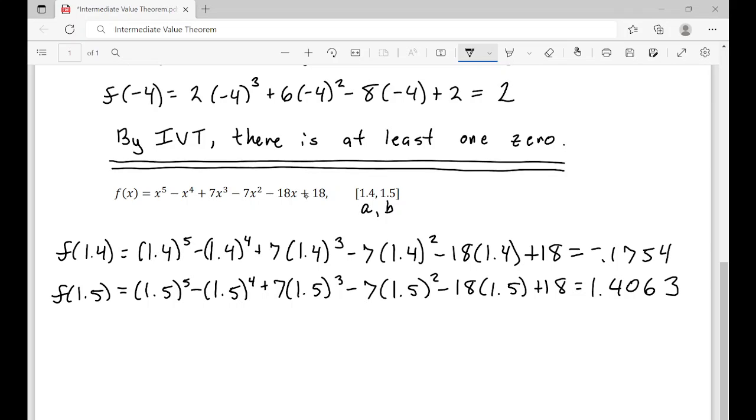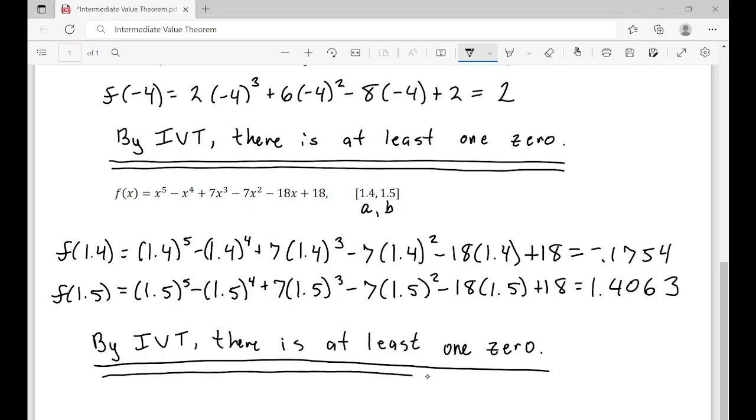So again, it's continuous on some interval. One is negative, one is positive. So we can say by the intermediate value theorem, there is at least one zero.